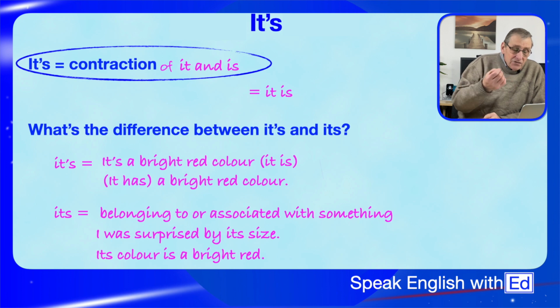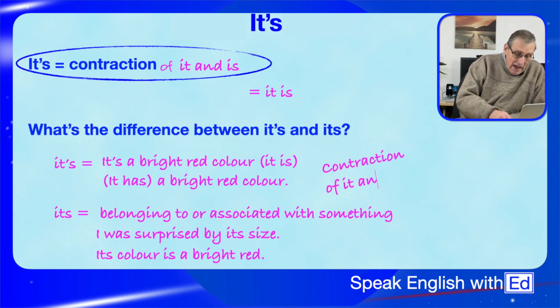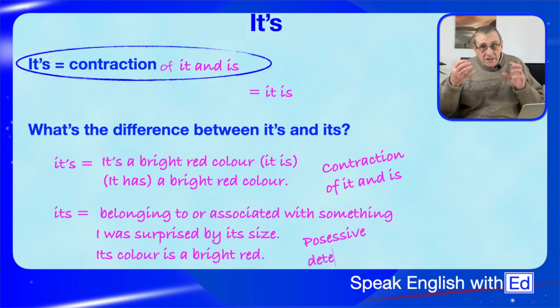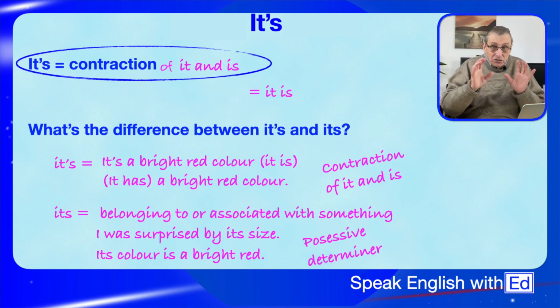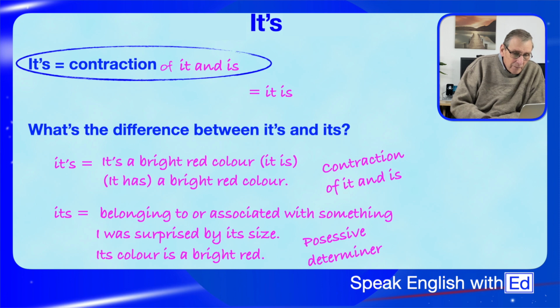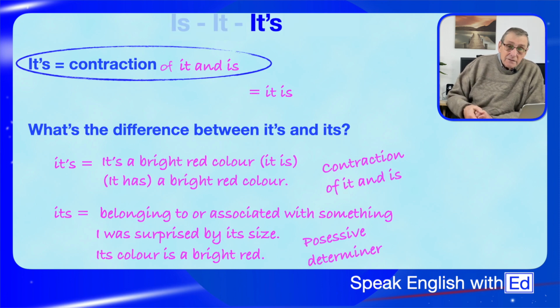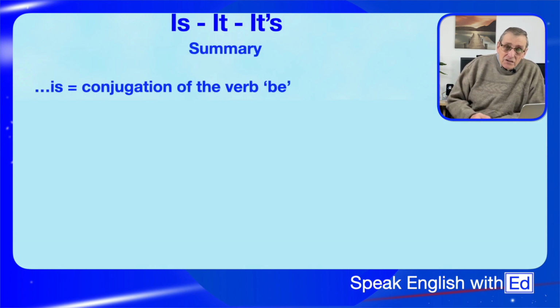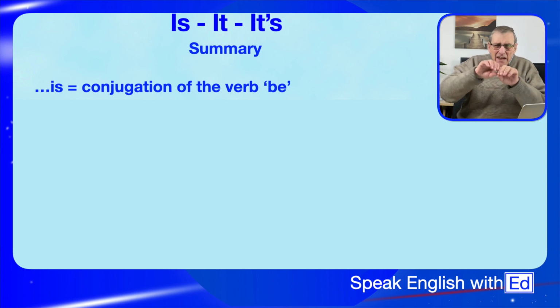So just to summarise, "it's" is a contraction of "it is", and "its" is a possessive determiner. If we want to summarise, "is" is a conjugation of the verb to be. That means it's changed for a different circumstance to suit a different pronoun.